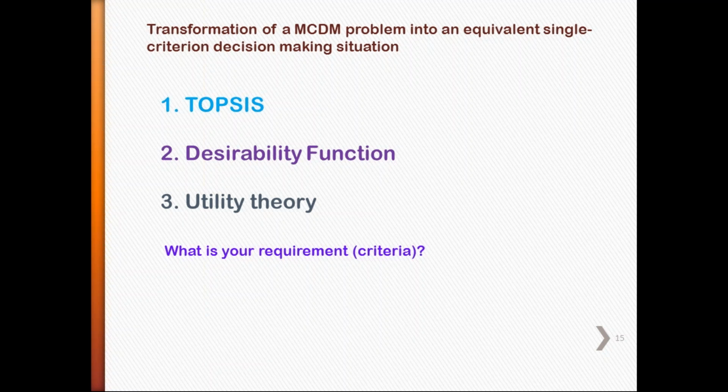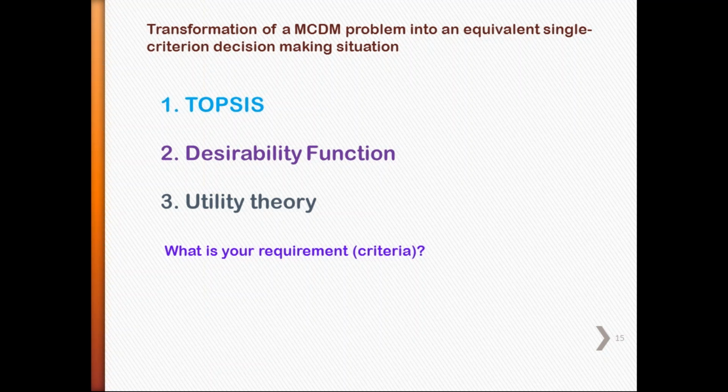These techniques have further been extended by integrating with fuzzy set theory, vague set theory or gray number set theory to solve subjective decision making problem, means decision making problem involving subjective or qualitative data. Then the technique will be called, if it is integrated with fuzzy set theory, fuzzy TOPSIS, fuzzy based desirability function, like that.